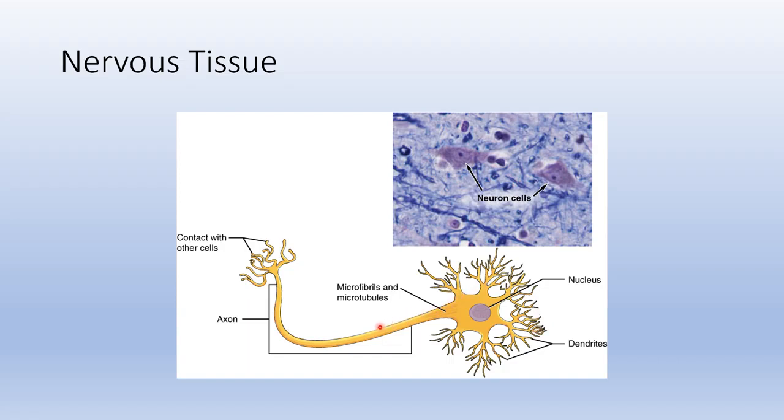And then it's going to send the impulse down this longer extension, that's your axon, towards the end here. And then this end, the axon terminal, will stimulate the cell that's either a muscle or another nerve or a gland. And in here, the histology slide is showing both of these are neurons right here. They have that characteristic odd shape to them and the very long axons.